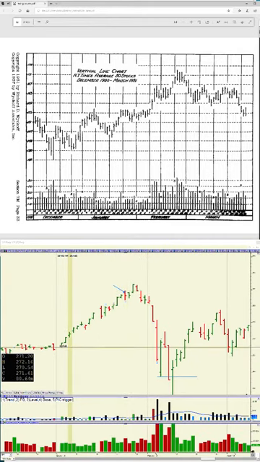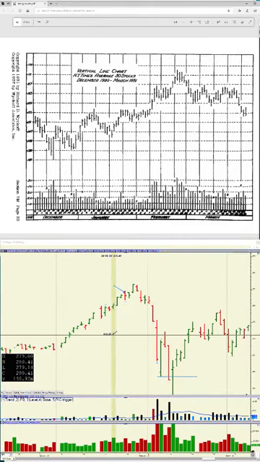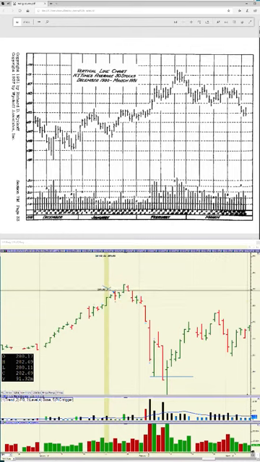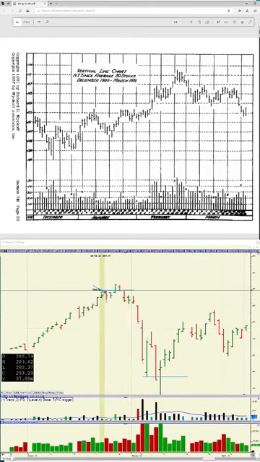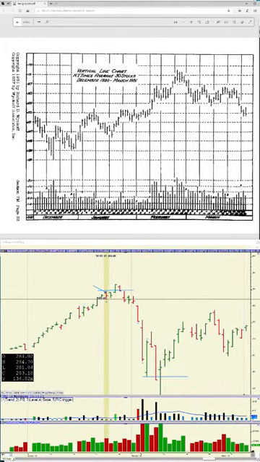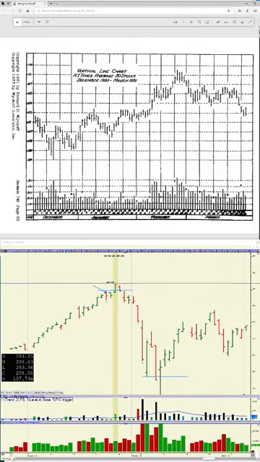Okay, now as you know, there's traps. They can be before or afterwards. Here you have your change of behavior, and here you have your upthrust, where basically it trapped the buyers right there. That's when the sellers came in. They had that one bar breakout and an immediate break.